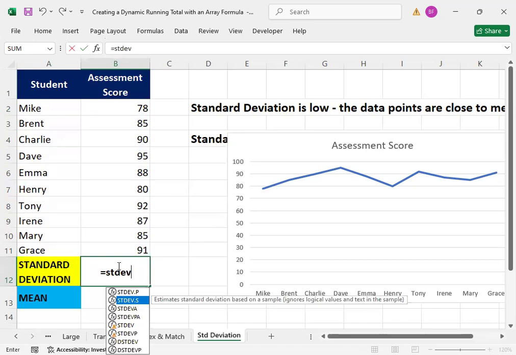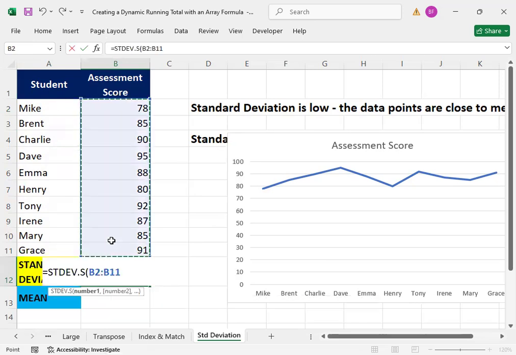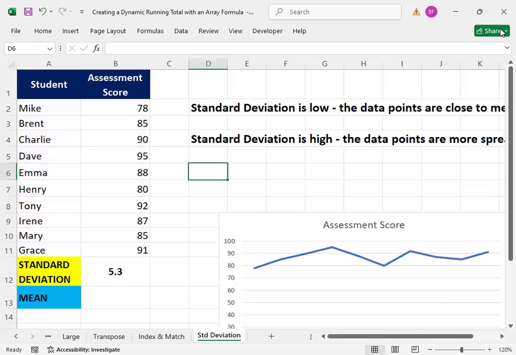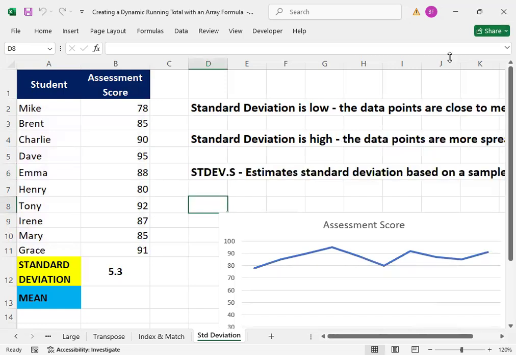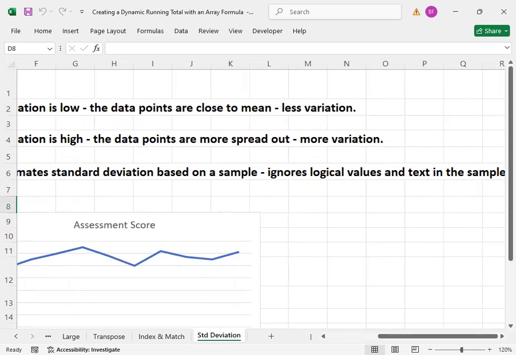And let's get this number. Okay. The result is 5.3. So STDEV.S estimates standard deviation based on the sample and ignores logical values and text in the sample.